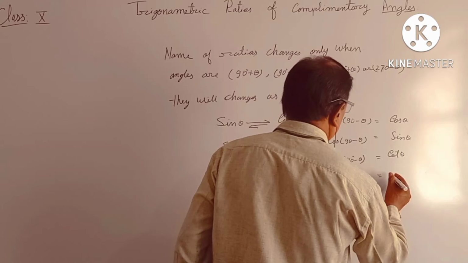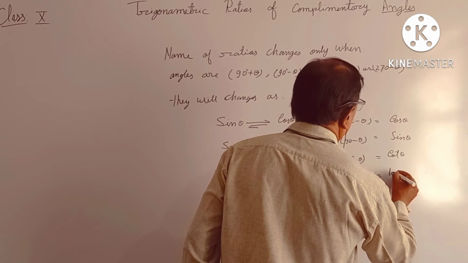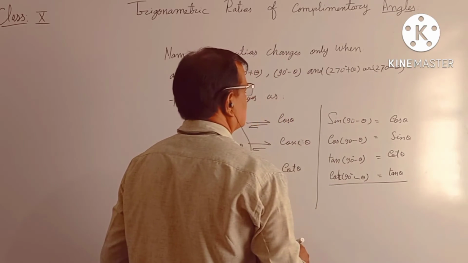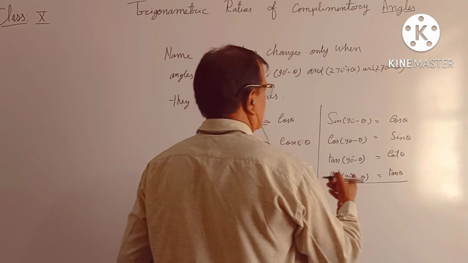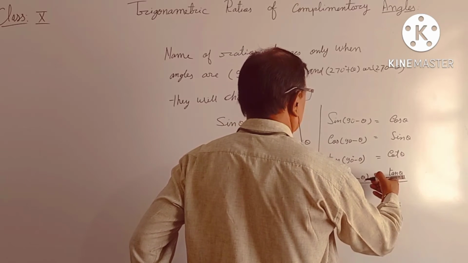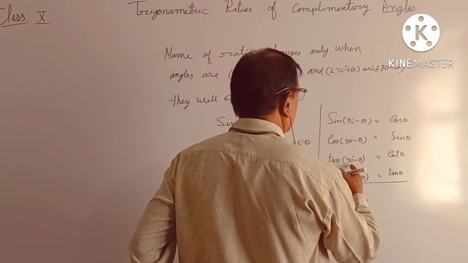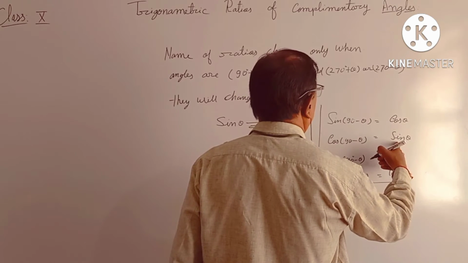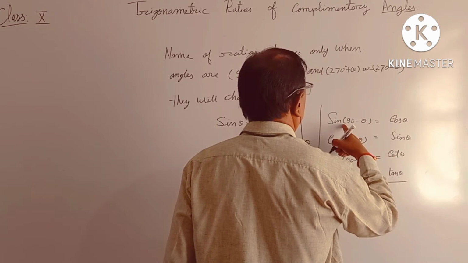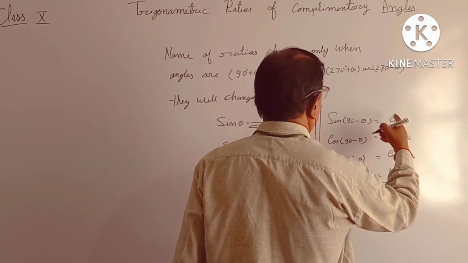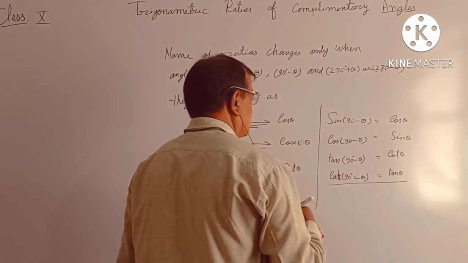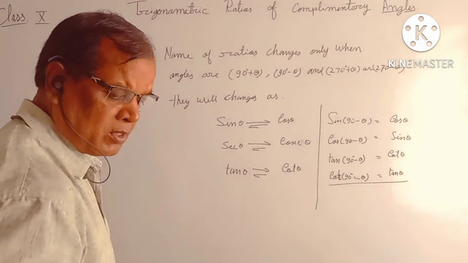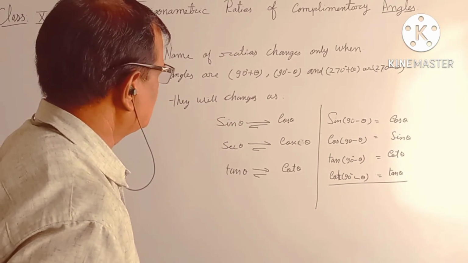These ratios are changed: sin to cos, tan to cot. If tan 90 minus theta is changed, then cos 90 minus theta becomes sin theta, or sin 90 minus theta becomes cos theta. This way the ratios will change. Now we are going to solve some examples based on this rule.